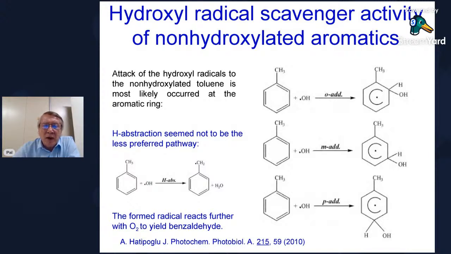Namely, attacking the aromatic ring at the ortho, meta, or para position, and attacking the methyl group as the aliphatic part of the toluene, generating a carbon-centered radical by means of hydrogen atom abstraction.